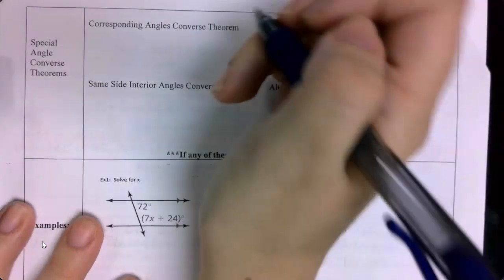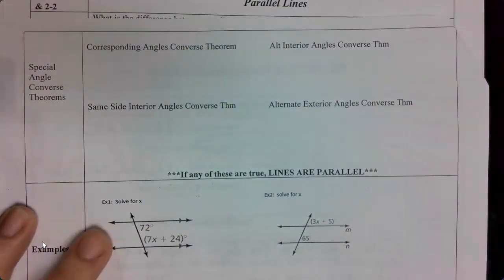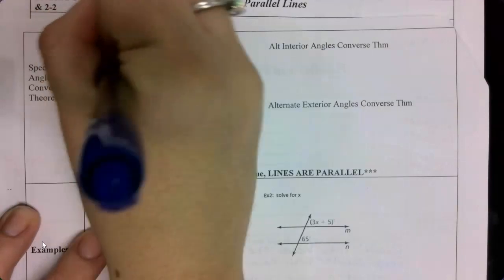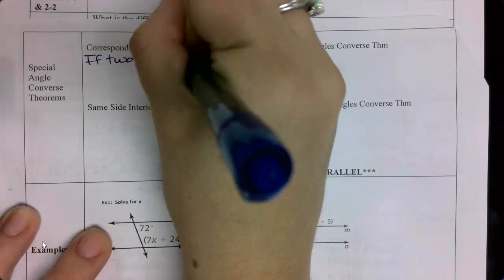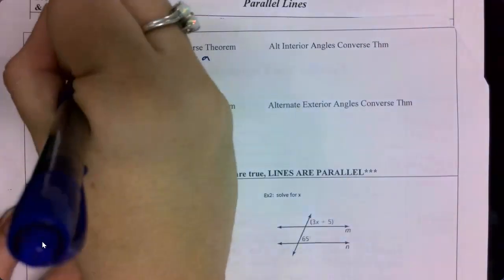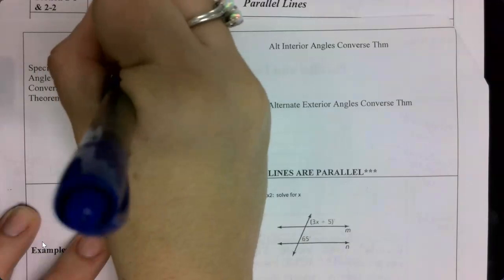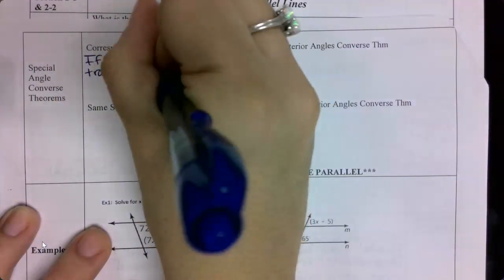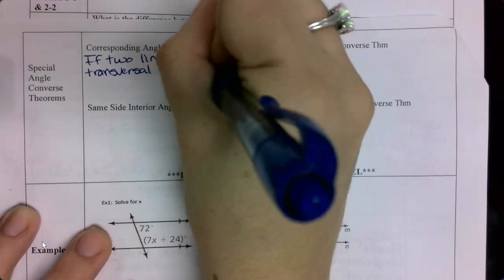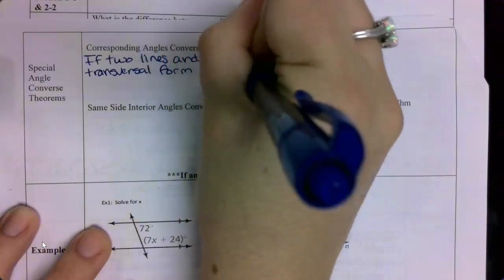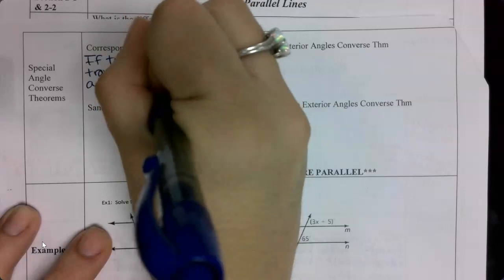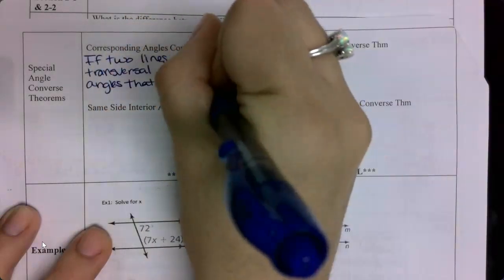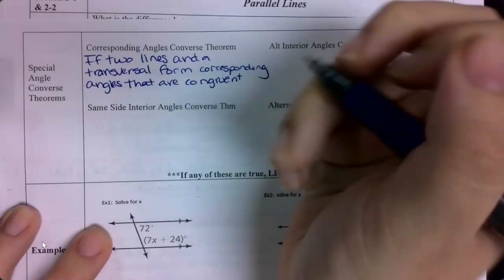So my corresponding angles converse theorem, I recommend you write really small here, is if two lines and a transversal form corresponding angles that are congruent, then the lines are parallel.